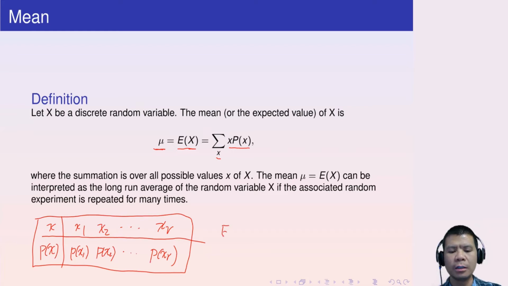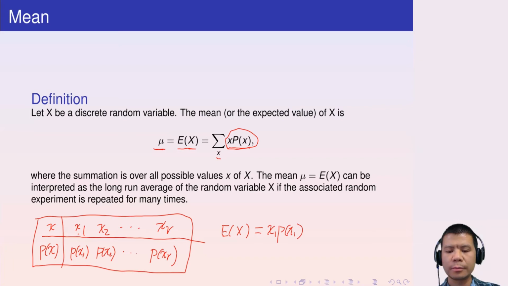The mean, the expected value of X, equals the summation of these products, X times P of X. So we are going to have X1 times P of X1. So this is the first product.